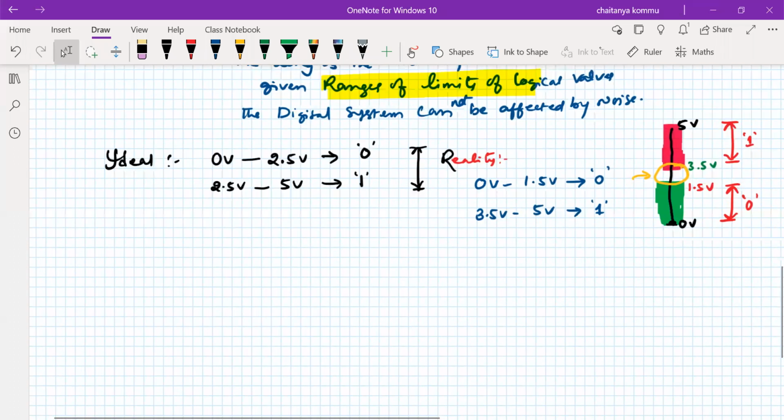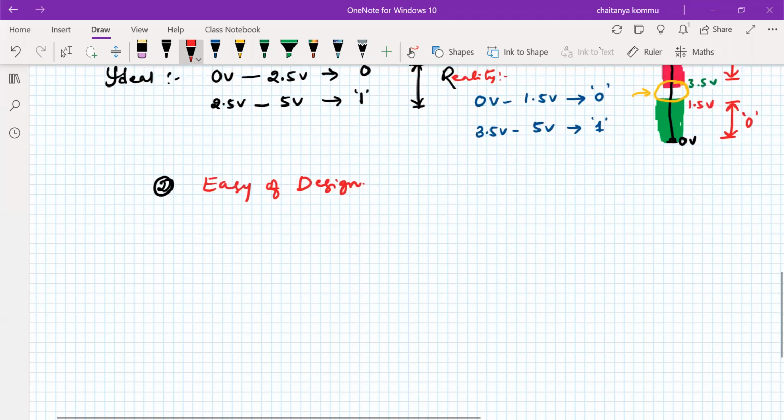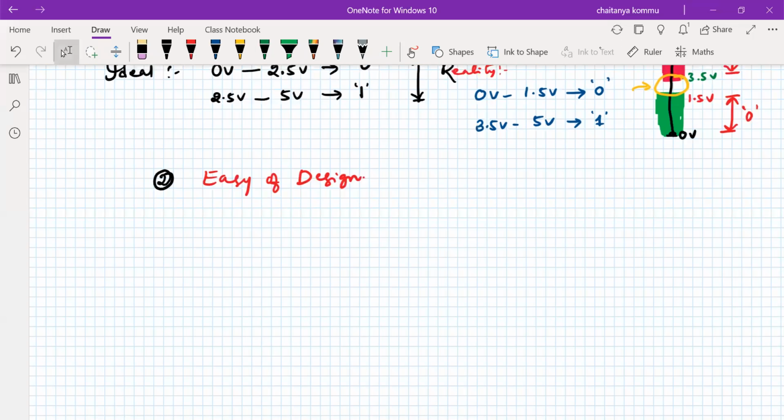The second very important point is ease of design. What does it mean? Normally, whatever digital system there is, it is constructed from switching devices. Why?